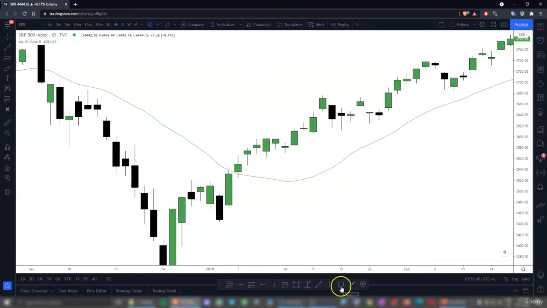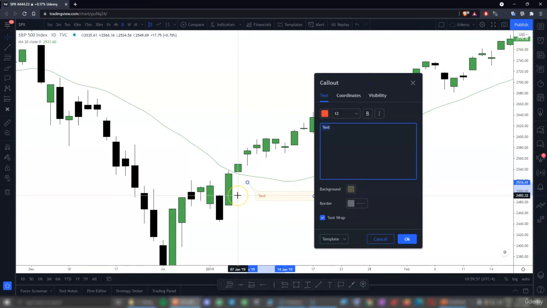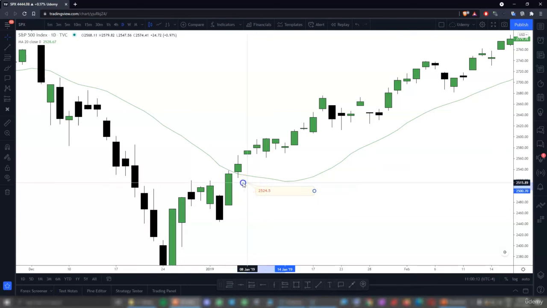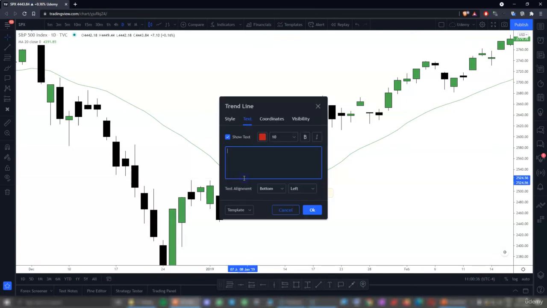Let's write this down for a second. This is the low of the candle, 2524.5. What we want to do here is position a line right at the low of this candle. You see this red line, and this is going to be the stop loss.